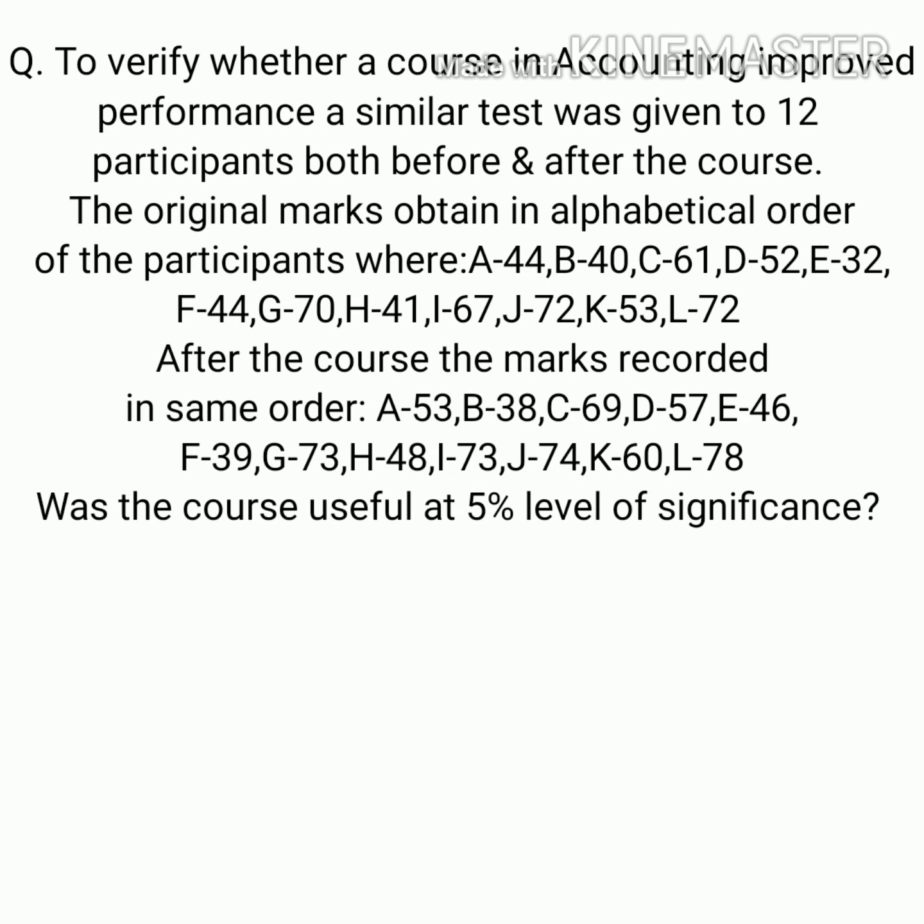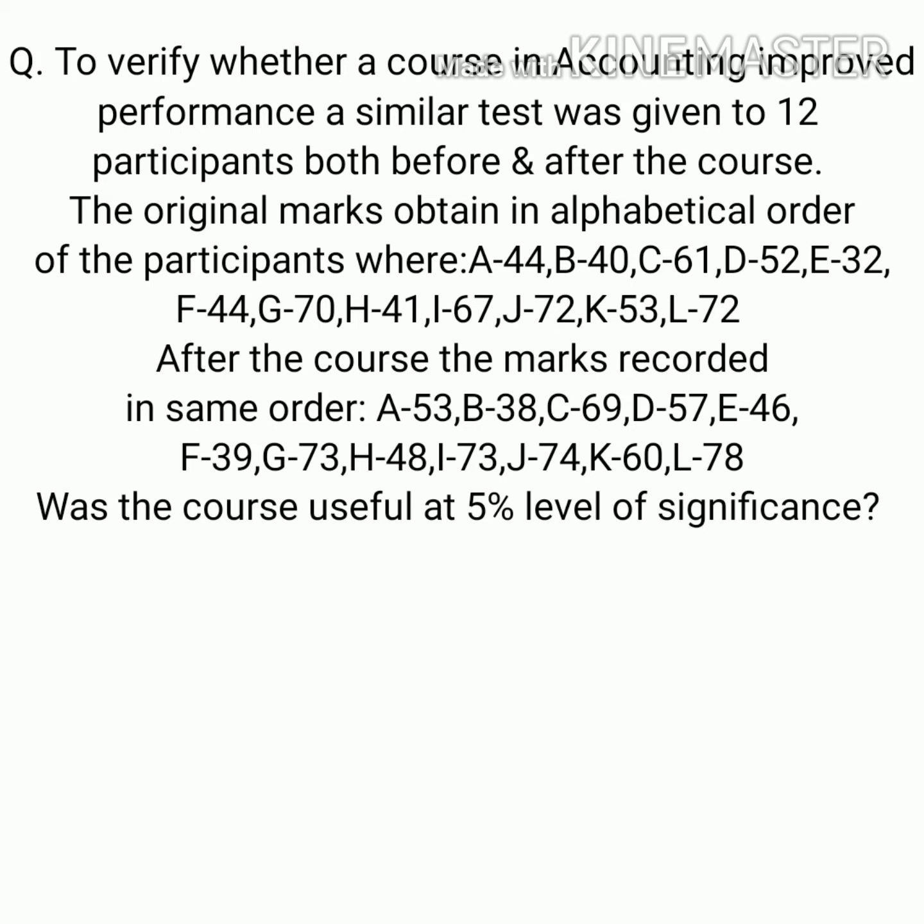Here a similar kind of math is given. To verify whether a course in accounting improved performance, a similar test was given to 12 participants both before and after the course. The original marks obtained, in alphabetical order of the participants, were 44, 40, 61, 52, 32, 44, 70, 41, 67, 72, 53 and 72.